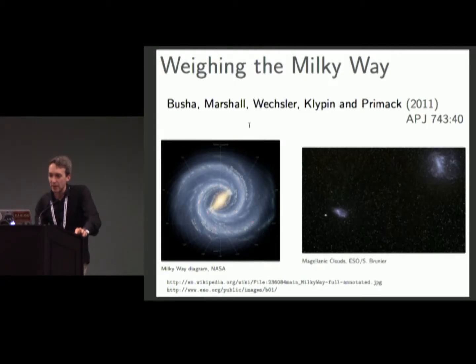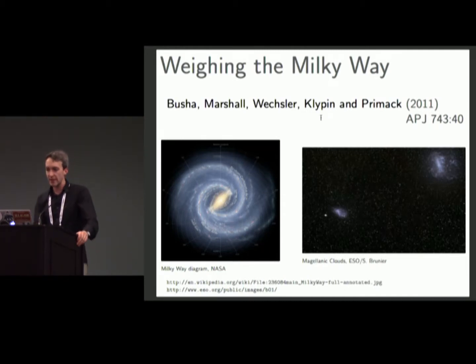which I'm telling you here because it came about from a conversation with Phil Marshall at a NIPS workshop a few years ago. Phil Marshall was here for an astronomy and machine learning workshop, and in the bar afterwards he said, oh, I've got this statistical problem and I think you can help. So they had this proof of concept paper in ApJ about measuring the mass of the Milky Way.